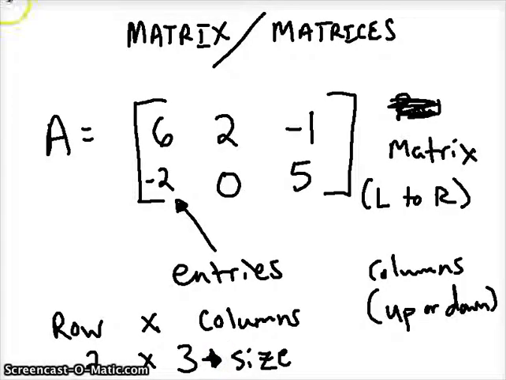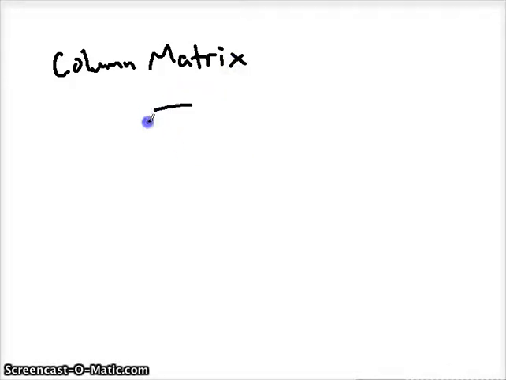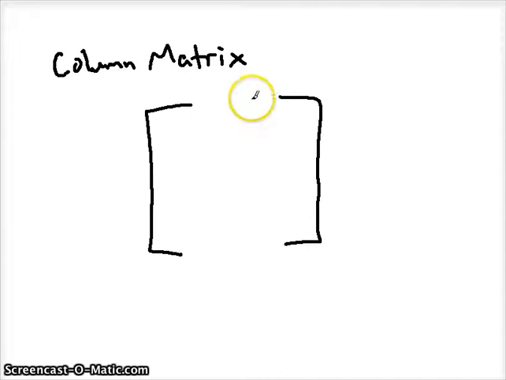Alright, so let's keep talking about just what matrices look like and their little characteristics. So just like we had a row matrix, we could also just have a column matrix. And a column matrix would be a matrix with only a column in it. So there's one column.